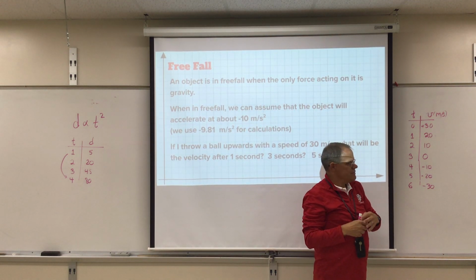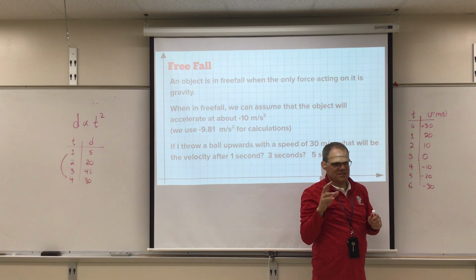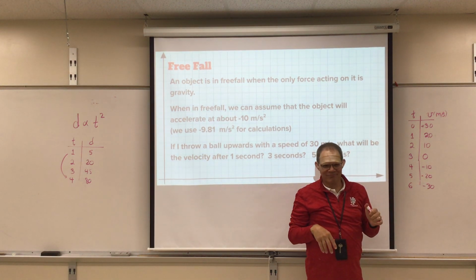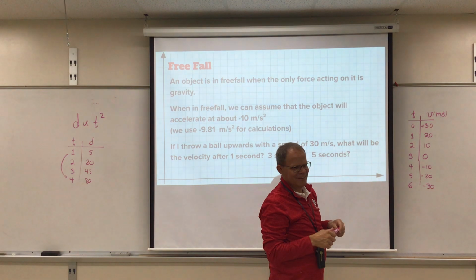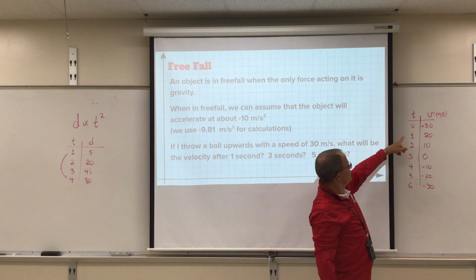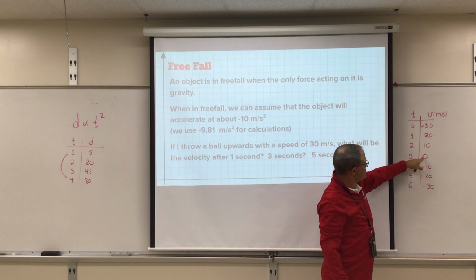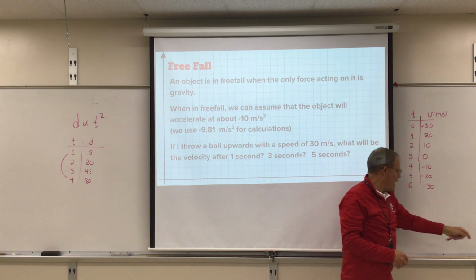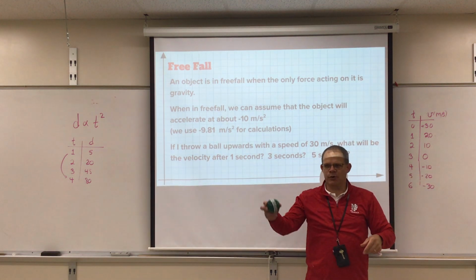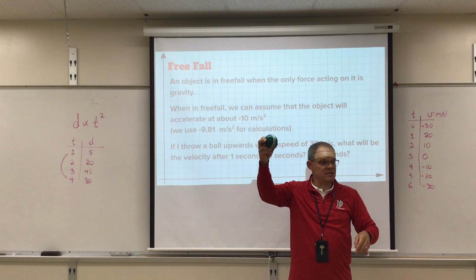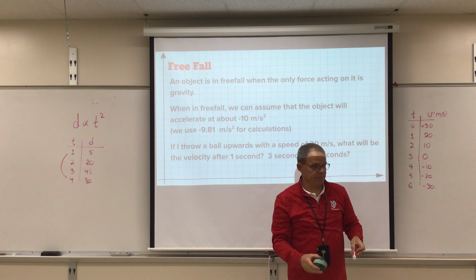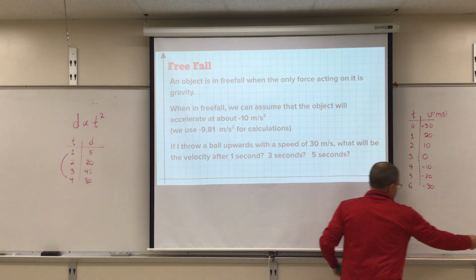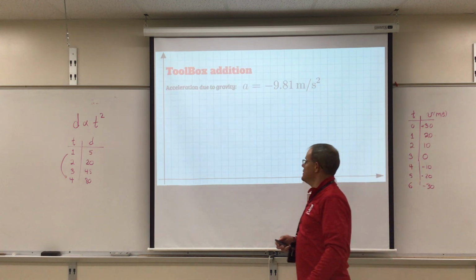So about 6 seconds. So you're just looking. It takes 3 seconds to get to its highest point. When it stops moving upwards, it is at its highest point. Right? When its velocity is 0. And then it starts falling again. Okay? That's the idea. So that's what gravity does.